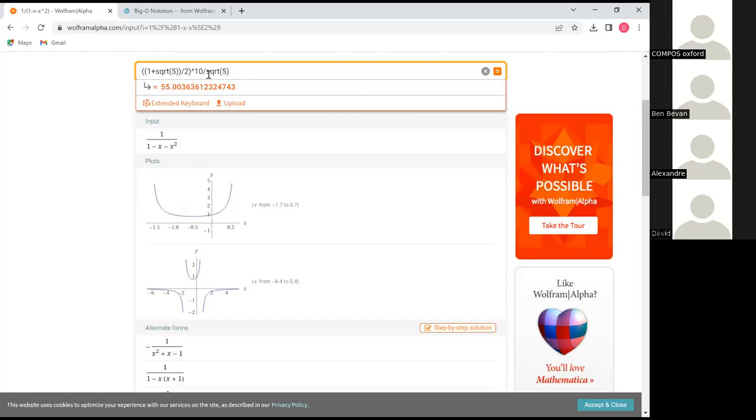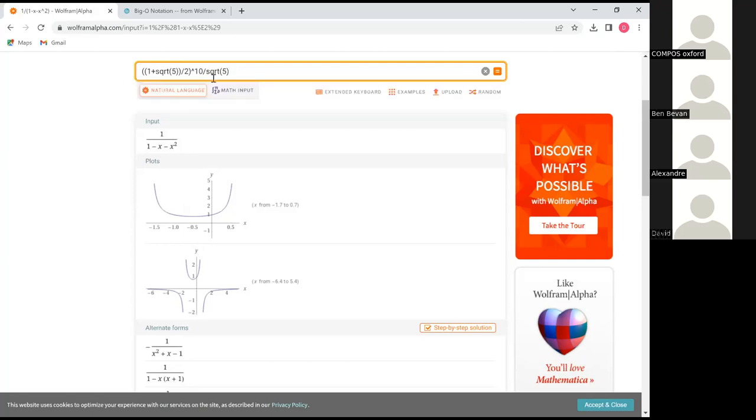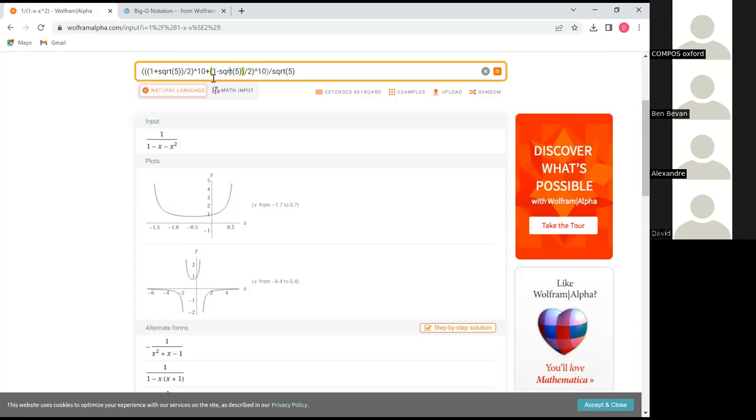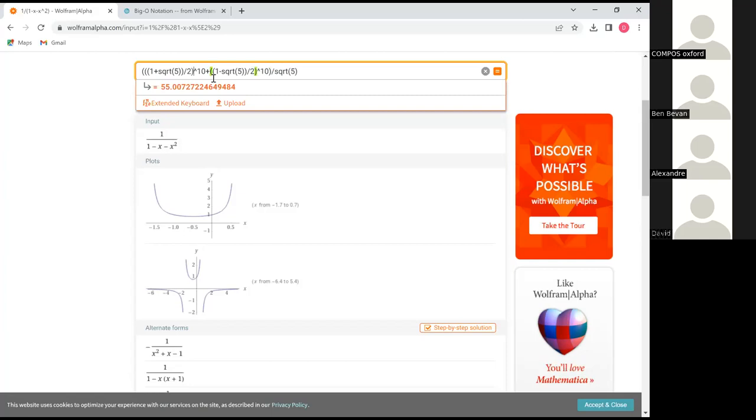So if I was to include in my numerator, oh no, wait a minute, I'm getting the brackets in the wrong place.